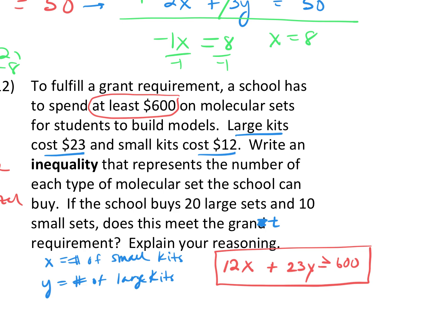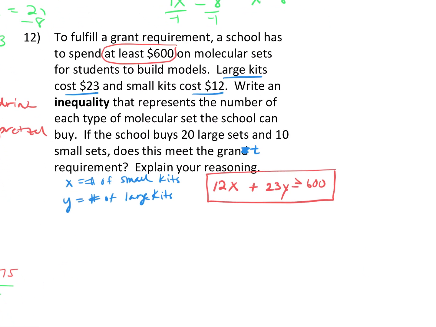All right, follow-up question. If the school buys 20 large sets and 10 small sets, does this meet the grant requirement? Well, now that we have an inequality, we can just plug in those values for x and y and see if it's true. If the school buys 20 large sets, so large sets are the y, so 23 times 20. And they also want to buy 10 small sets.